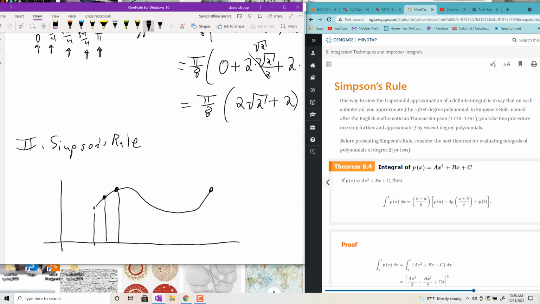And what we're going to do is use a quadratic that goes through these points and use the area underneath that thing to approximate the area underneath the curve. And we have to go 2 rectangles at a time. So in this case, you're always going to have to have an even number of rectangles to pull this off.